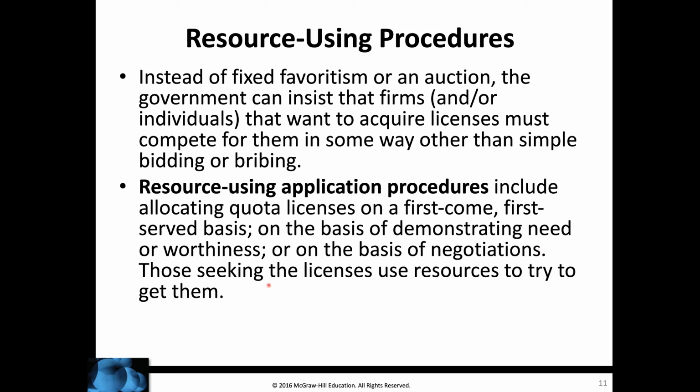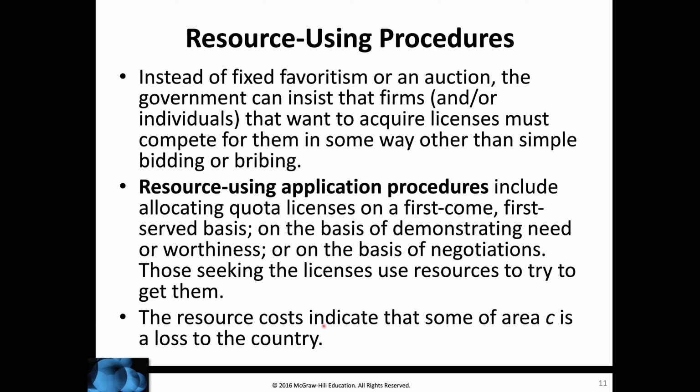So those seeking the licenses use resources to try to get them. So that's why it's called the resource using application procedure. So there's an application that will require resources of those seeking those licenses. So the resource costs indicate that some of Area C is a loss to the country.